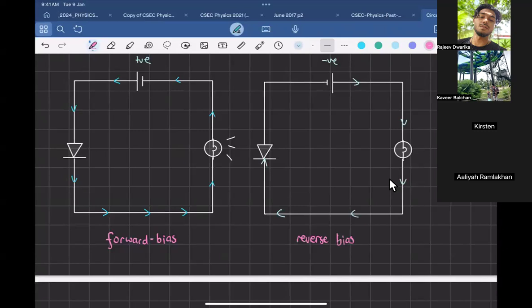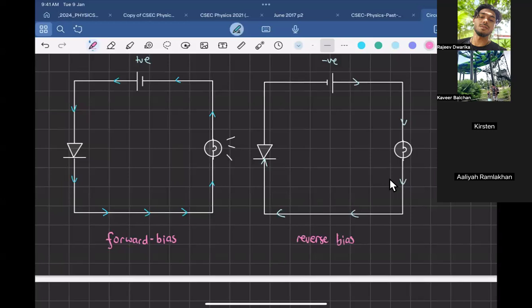Spot the difference. The flow of current is going the other way on the battery. But why did the flow of current change?